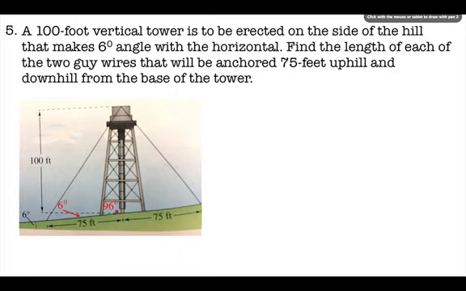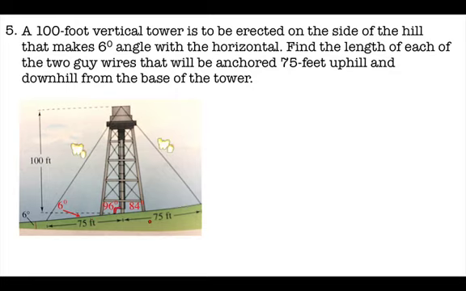Why? Because this is 90 degrees, and the tower needs to be erected perpendicular to a horizontal, not the side of the hill. Otherwise, we have problems, it'll fall. So if this is 90 and this portion is 6, it's 96. Now this other angle is 84 because they form a linear pair.